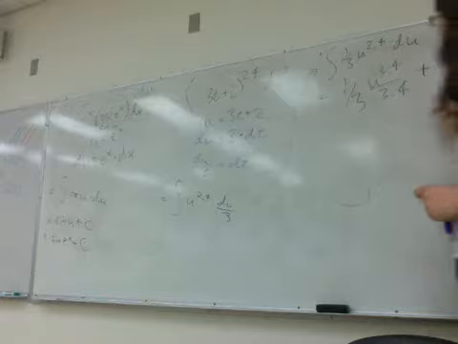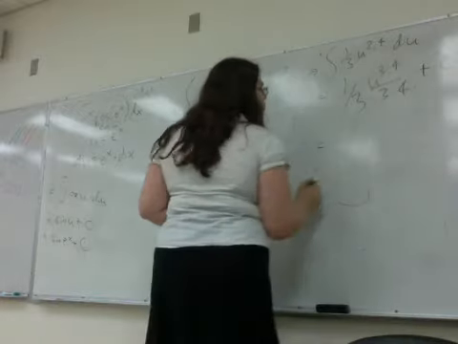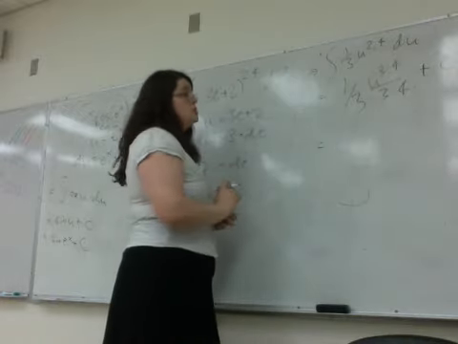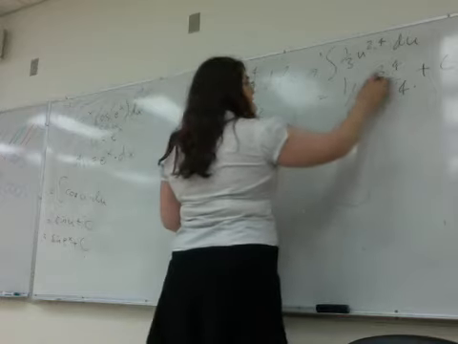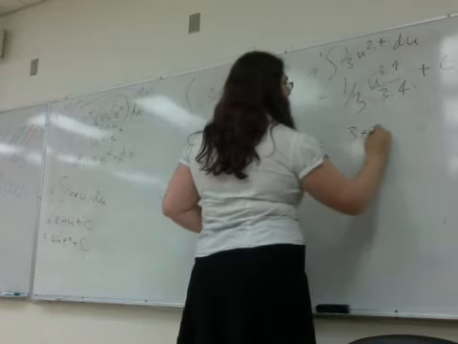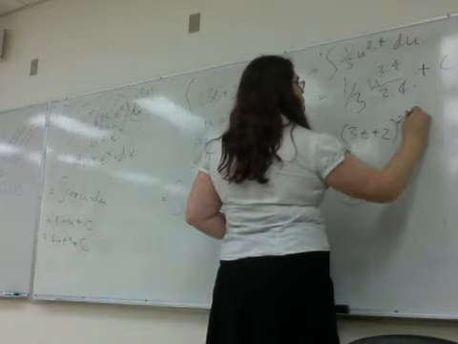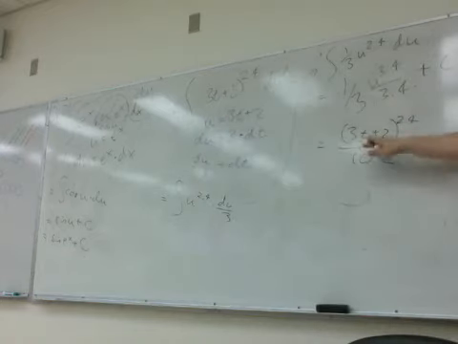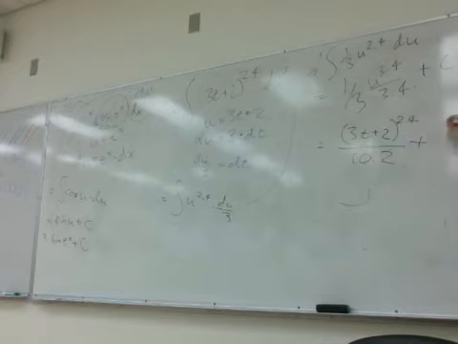Plus c. 3 times 3.4 is 10.2, and u is 3t + 2. So we get (3t + 2) to the 3.4 over 10.2 plus c. Yes? 3.4. Oh, thank you.